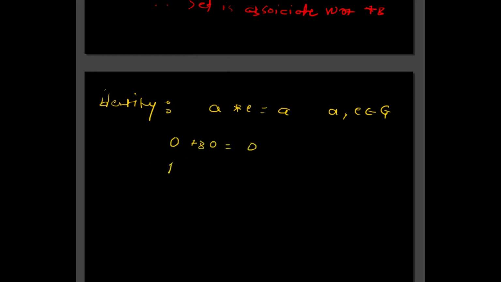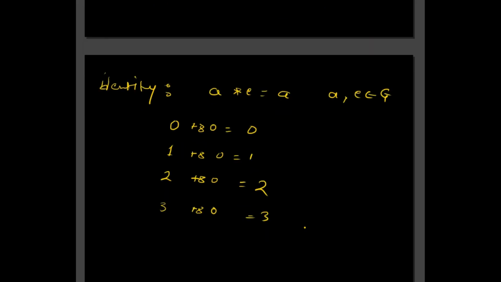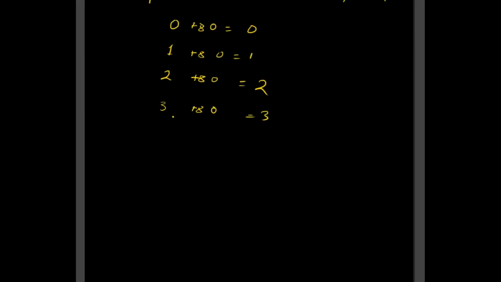Then 1 plus 8 with 0 gives you 1, 1 plus 0 is 1, mod 8 is 1. Then 2 plus 8 with 0 gives you 2, 3 plus 8 with 0 gives you 3. Similarly, if you solve it for 4, 5, 6, it will give you the same. Now let us check it for 7: 7 plus 8 with 0 gives you 7.